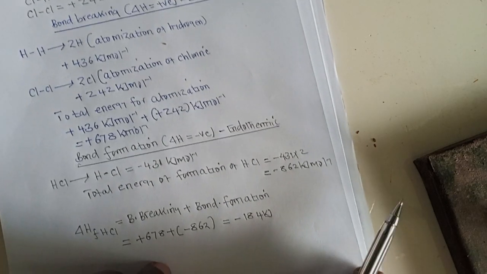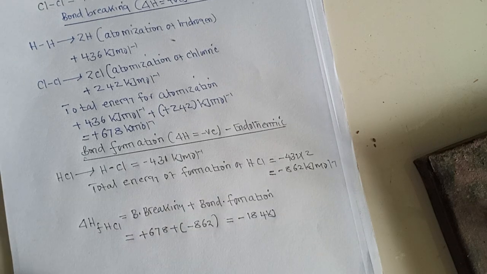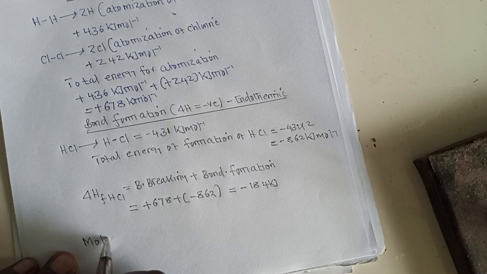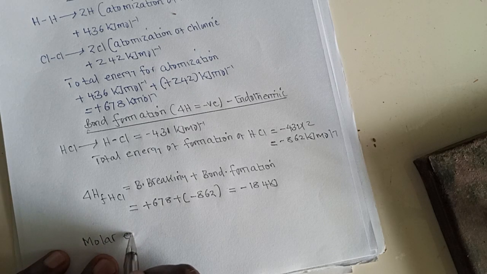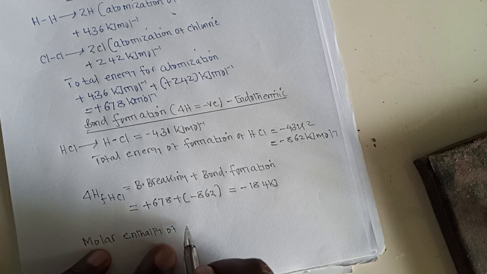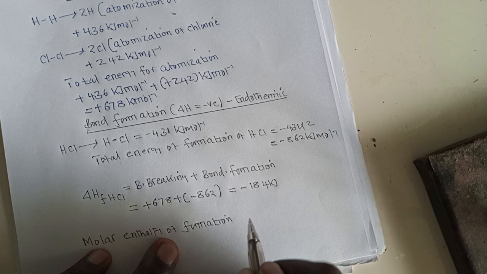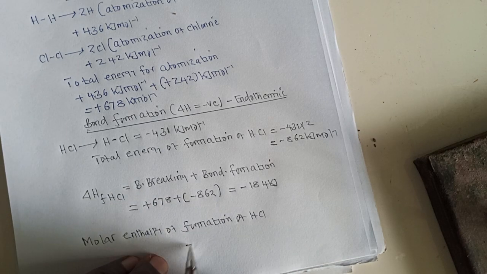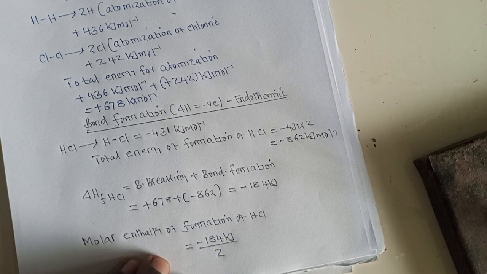So for 1 mole, the molar enthalpy of formation of HCl is negative 184 kilojoules divided by 2, such that we have 1 mole.